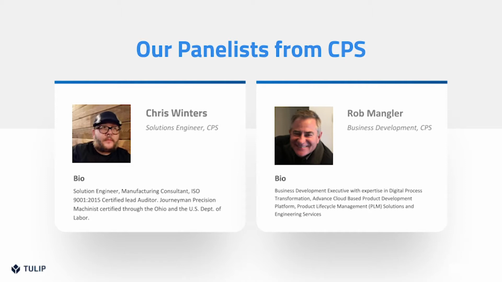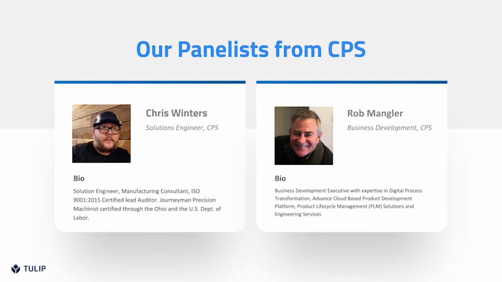Rob, would you mind telling me a little bit about Clear Process Solutions? Sure. We're experts in digital process transformation. We're focused on workflow, data analytics, business process optimization. We simplify complex processes, complex data, and complex integrations. We're focused on ERP, PLM, MES, and CRM environments.